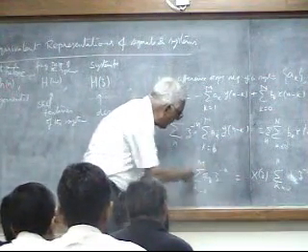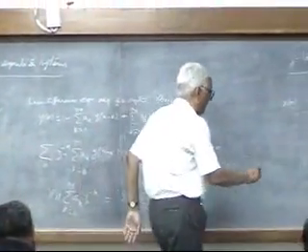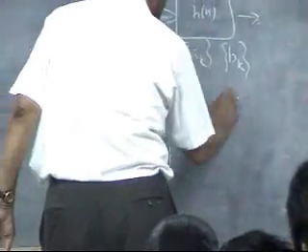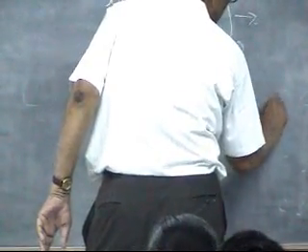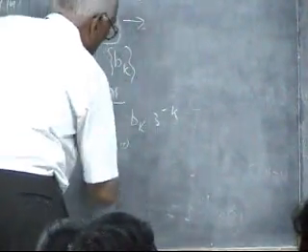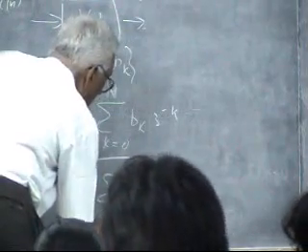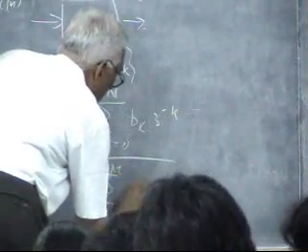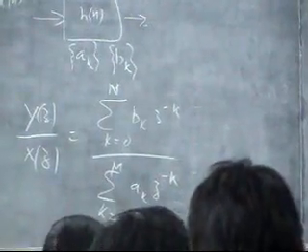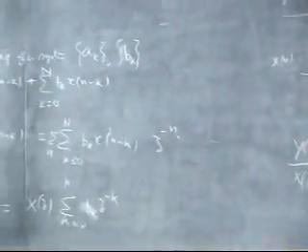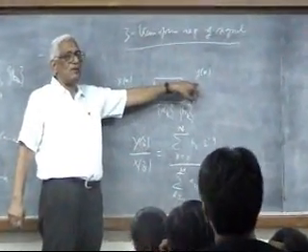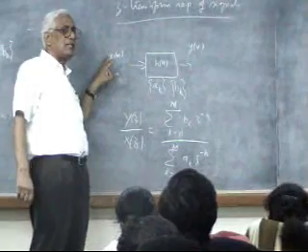And now I can write Y(z) by X(z) is equal to summation bk z to the power of minus k, k equal to 0 to n, divided by summation ak z to the power of minus k, k equal to 0 to m. Notice that Y(z) is the z transform of the output sequence and X(z) is the z transform of the input sequence.